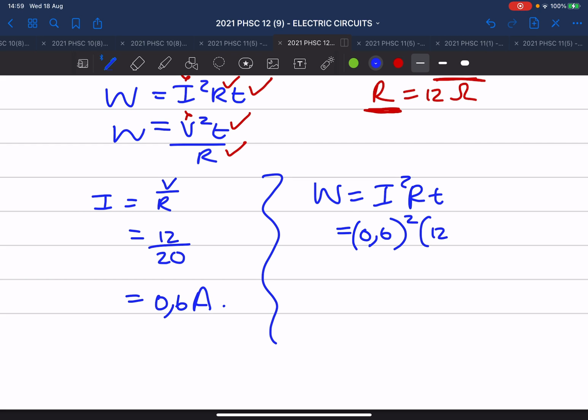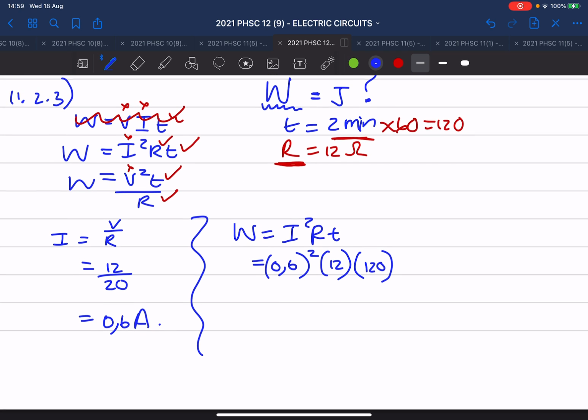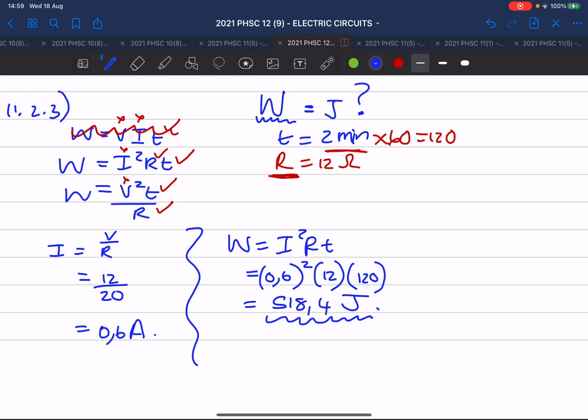The resistance is 12. And the time we said is 120 seconds. And if you calculate that, you get... And the unit? Joules. Good. Okay, so can you see these questions with joules and watts and whatever? It will not be difficult. There's not a trick. There's just a bit extra work to do.